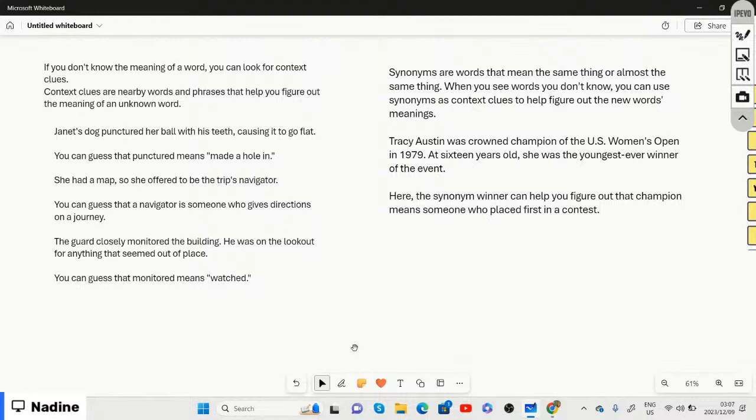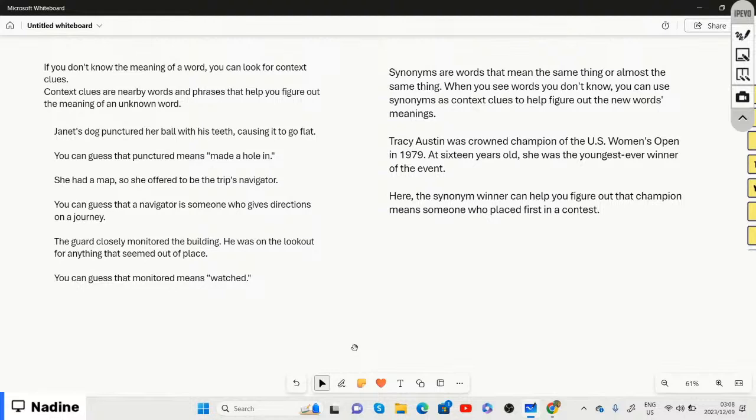So Janet's dog punctured her ball with his teeth, causing it to go flat, right?